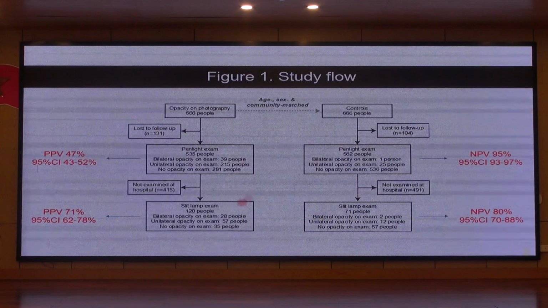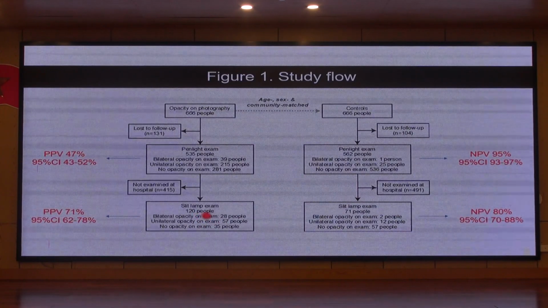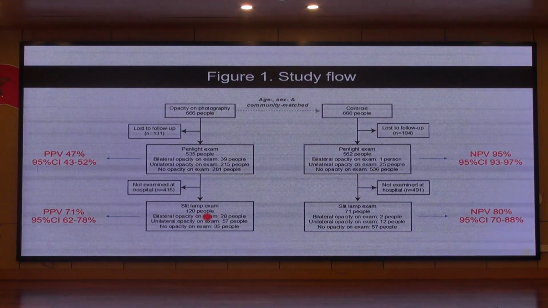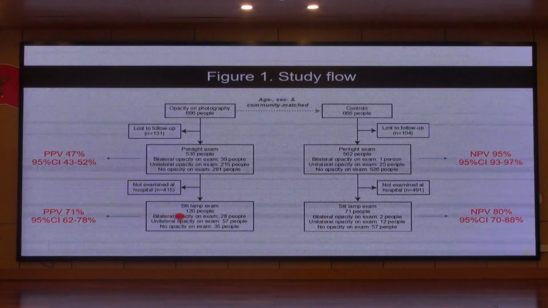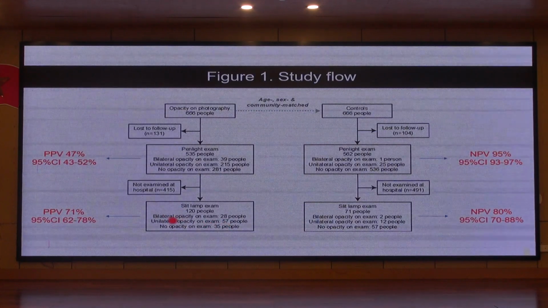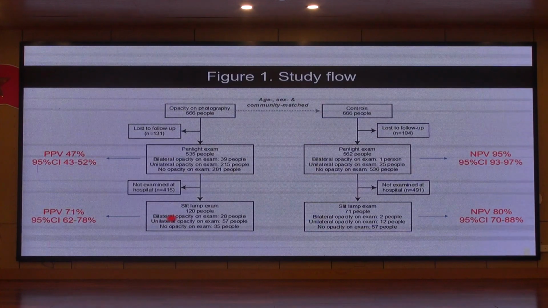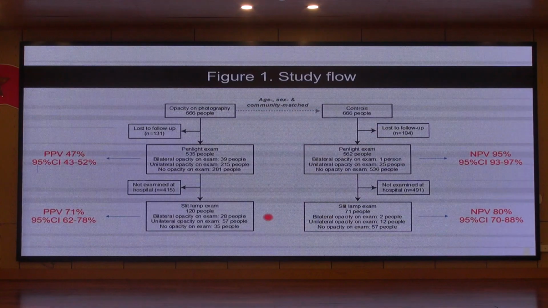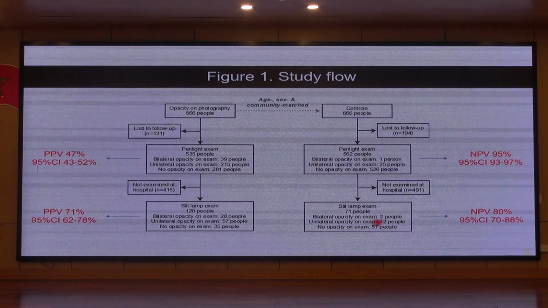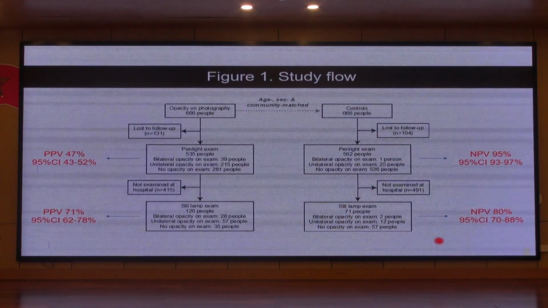So similarly, in the case group, 120 people had the slit lamp exams, and among these people, 28 had bilateral opacity and 57 had unilateral opacities. So the positive predicted value of corneal photographs using slit lamp exam as the reference standard is 71%, and the negative predicted value of the corneal photograph using the slit lamp exam is 95%.